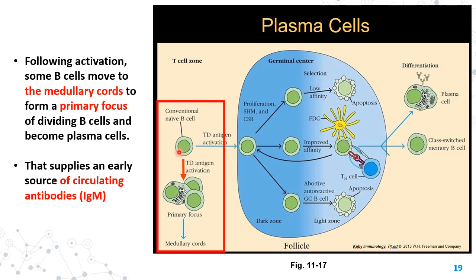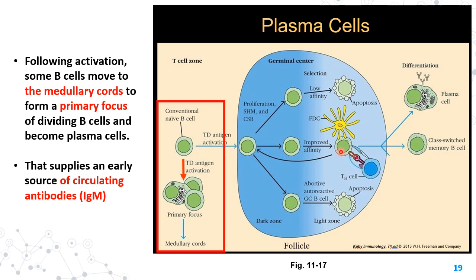So B cell gets there, it is interacting with the T cell, it gets activated, it's going to form the germinal center, okay? At the germinal center, the B cell starts to divide. Some of these B cells are going to produce antibodies and hang around and start to secrete antibodies. Some other B cells, they're going to hang around at this germinal center, and they're going to do the class switching. They're getting exposed to the T cell, the helper cell, and they're going to do class switching.